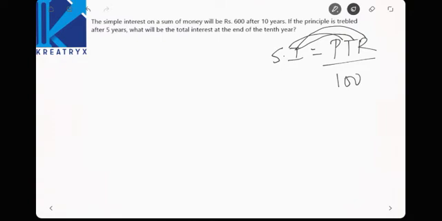Now see here, for 10 years if you get an interest of 600, now for 5 years what will be the interest? Will it be 300? Now what happened? If the principal is trebled after 5 years, then what will be the total interest at the end of the 10th year?